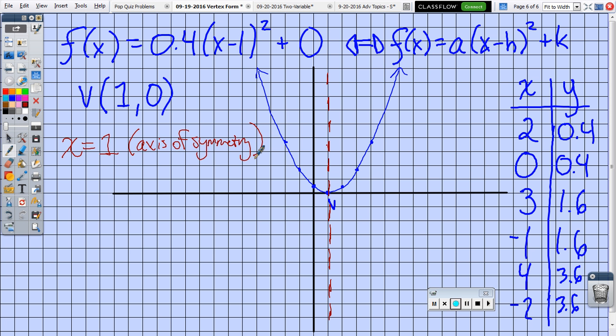Now while we're here, let's list what our a is. Good, 0.4. Because a is greater than 0, what information does that tell us? Let's say on the test you're not given the graph, but you're just told that a is greater than 0. What do you automatically know about this guy?